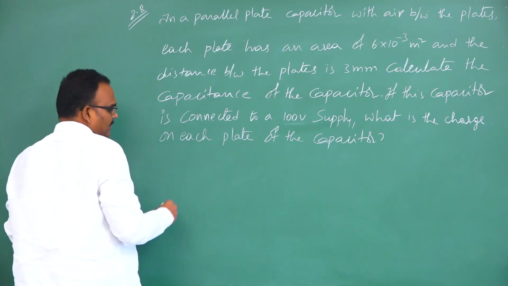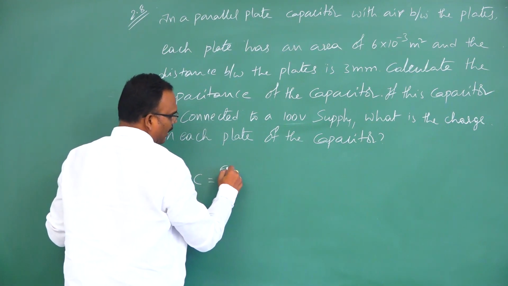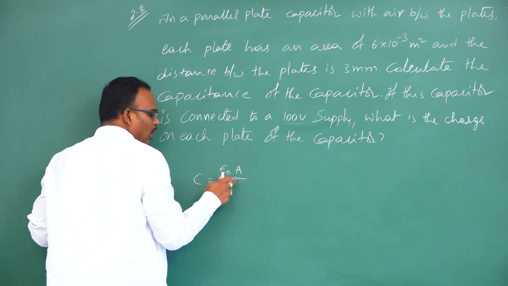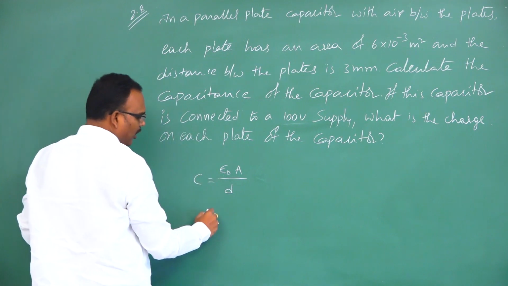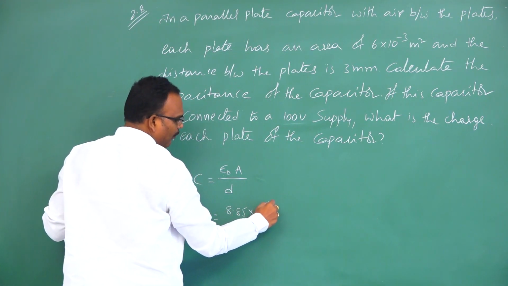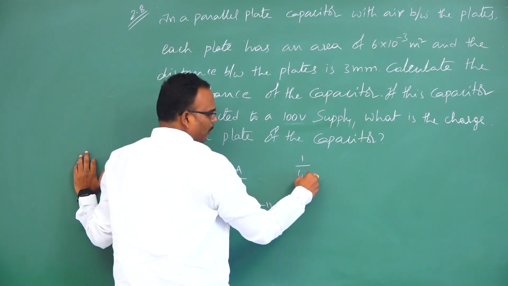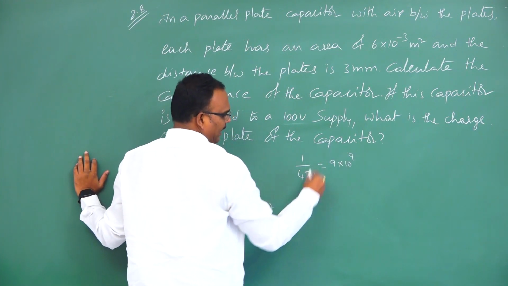So capacitance of the parallel plate capacitor, expression is C is equal to epsilon naught A by D. Here why we have written epsilon naught A by D? Because air between the plates. We know the value of epsilon naught, that is 8.85 into 10 to the power of minus 12. Actually 1 by 4 pi epsilon naught value is 9 into 10 to the power of 9.